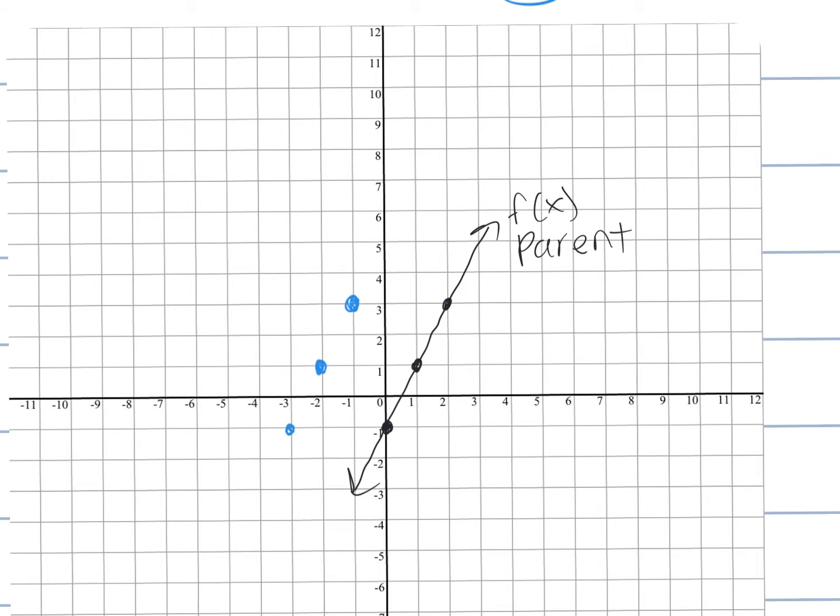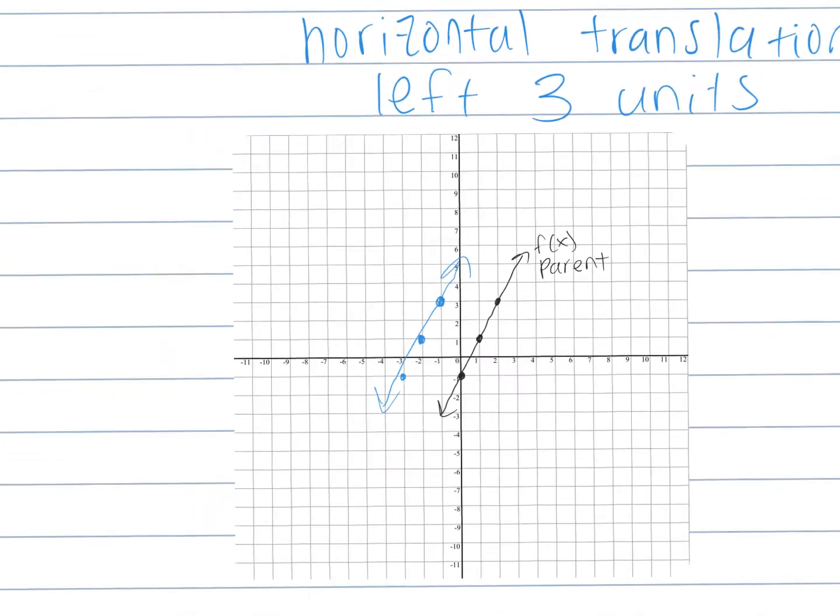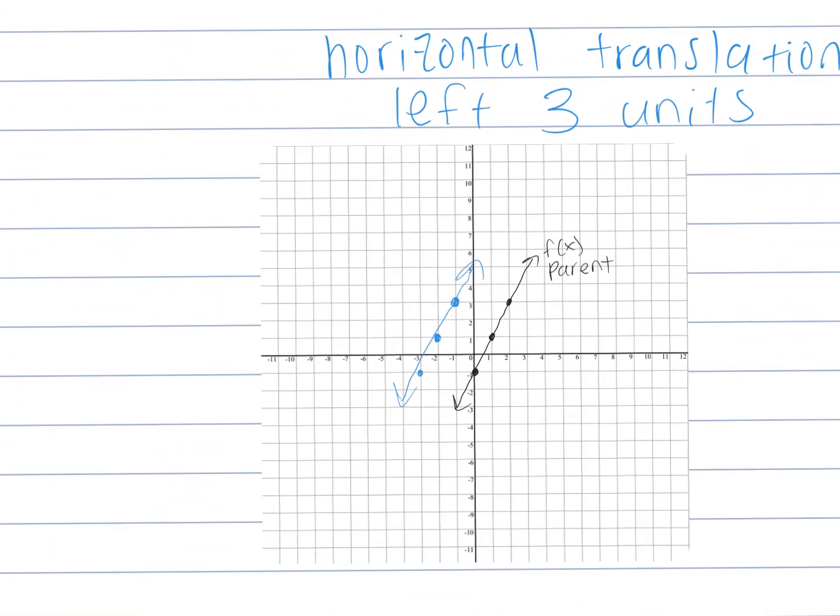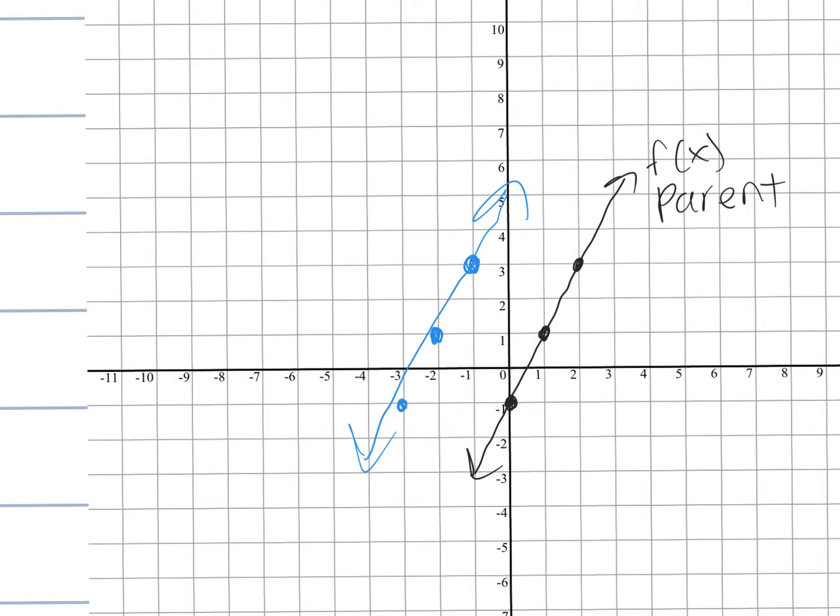And then draw your line. And this was what was our, it wasn't g of x. What was it called? It was h of x. Okay? That is our new transformation. If you want to draw a red arrow showing that you shifted everything to the left 3, draw it.